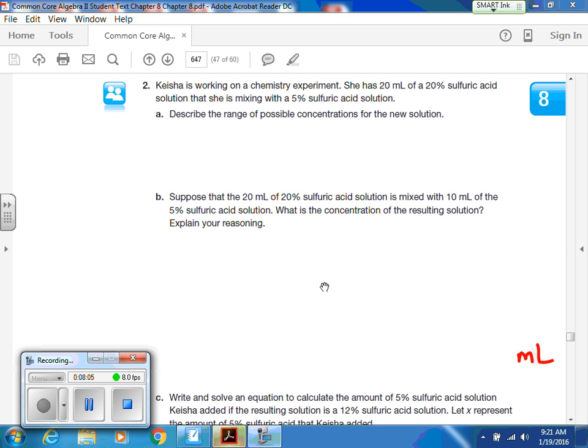Keisha is working on a chemistry experiment, and she has 20 milliliters of a 20% sulfuric acid solution that she's mixing with a 5% sulfuric acid solution. Describe the range of possible combinations for the new solution. So when she mixes them together, what will the percent of sulfuric acid be after she mixes them?